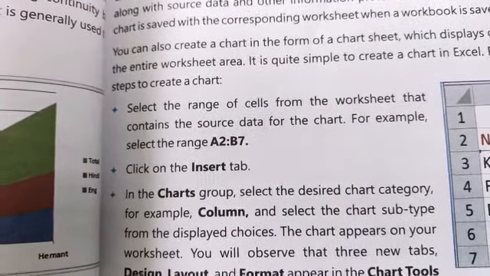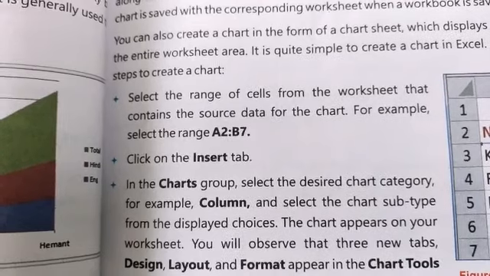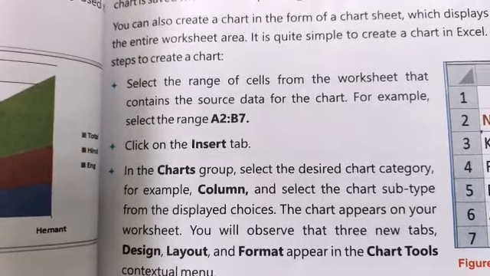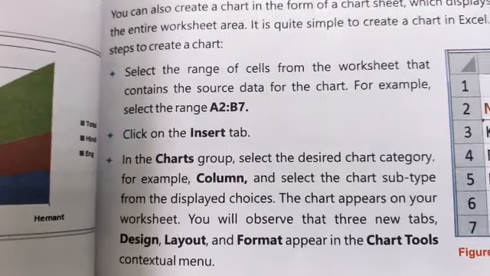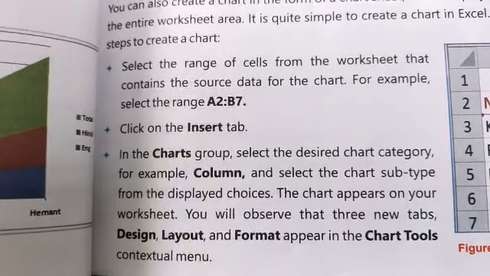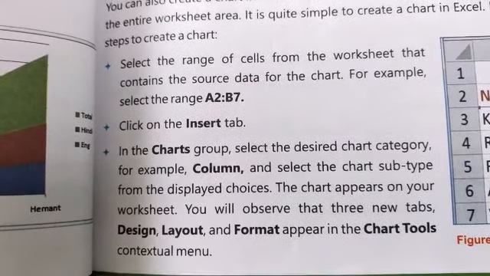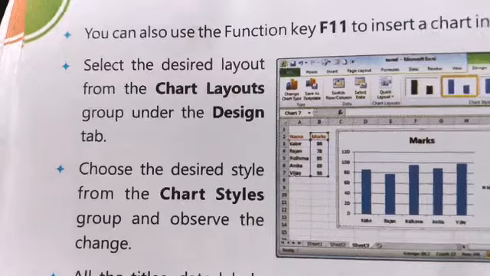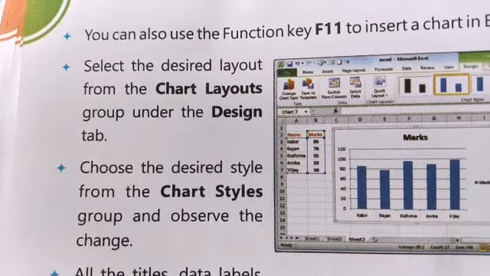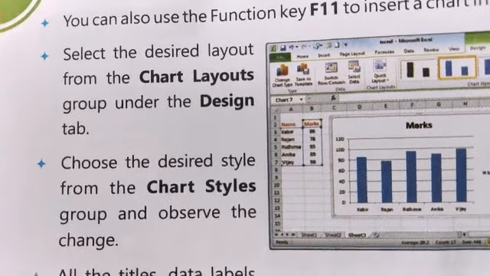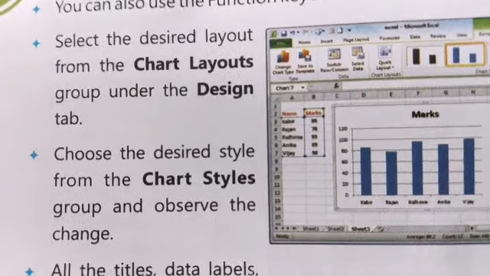From that you have to select the chart type, and the new tabs Design, Layout and Format appear in the Chart Tools. From that you have to select which type of chart you want to make.